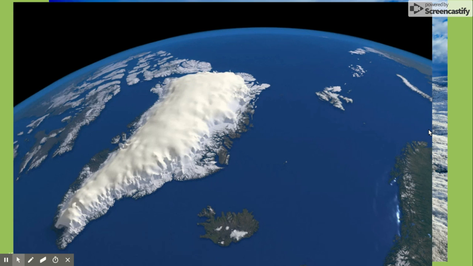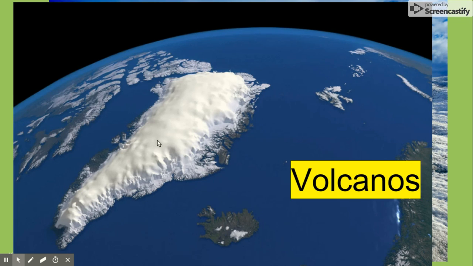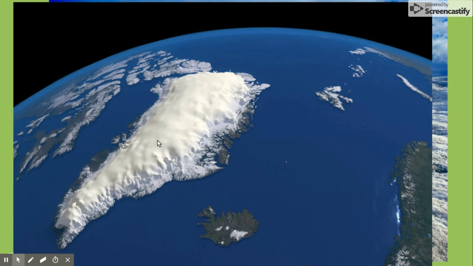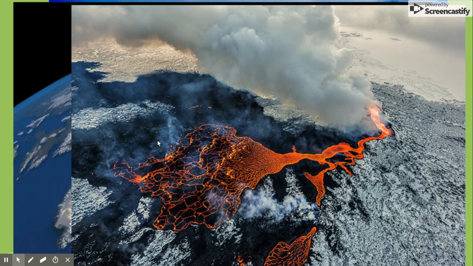Greenland is what we see in the satellite picture here. It is basically a country near the Arctic Circle that is almost entirely covered by a glacier at some point. And it's a geological hotbed allowing for volcanoes to arise.